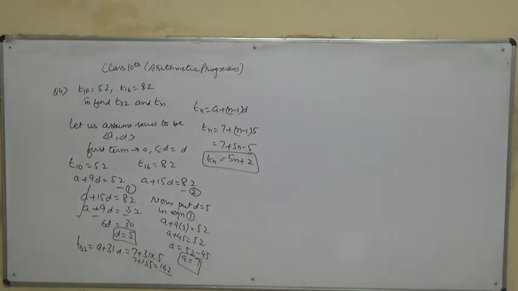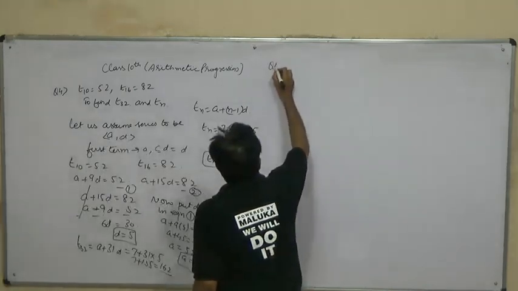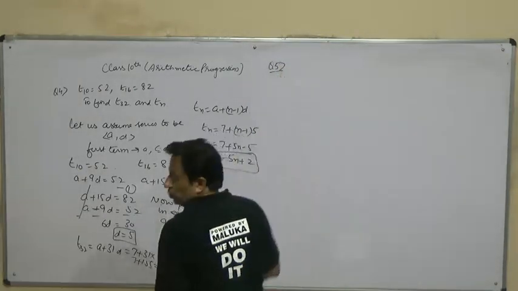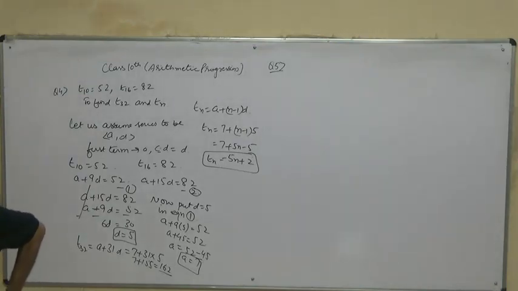The next question is the fifth question. So in the fifth question, we are given: determine the general term of an AP whose seventh term is -1 and 16th term is 17. So again the same type of question but with different values.